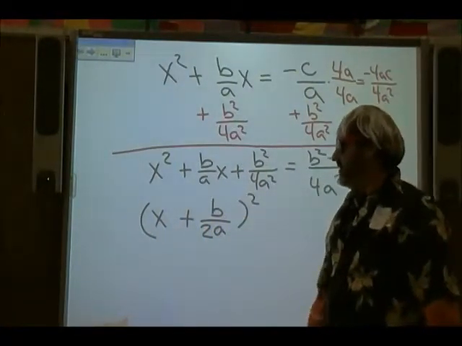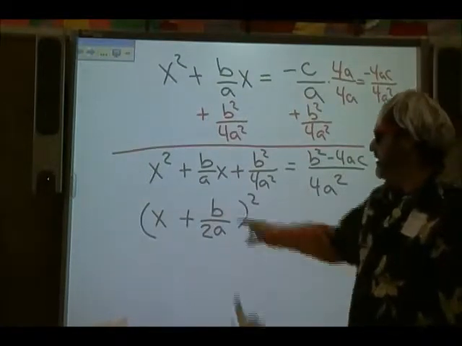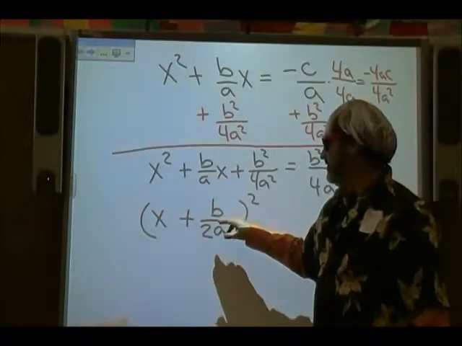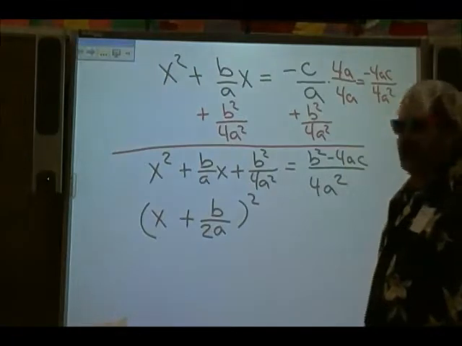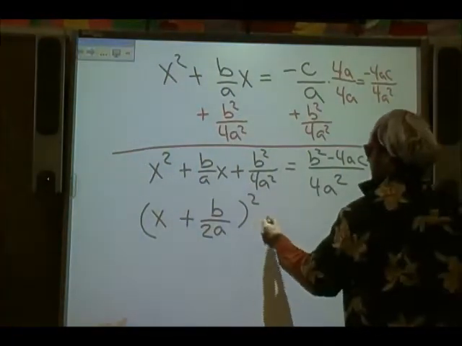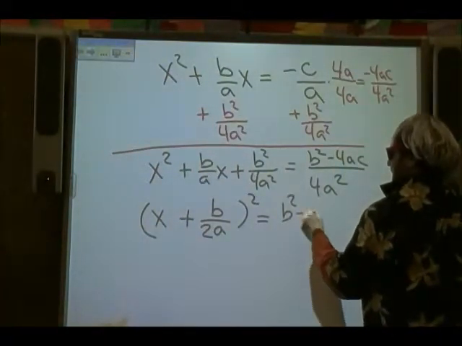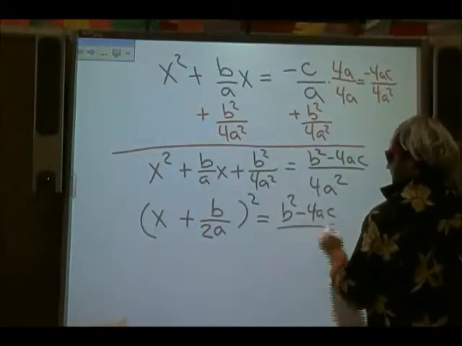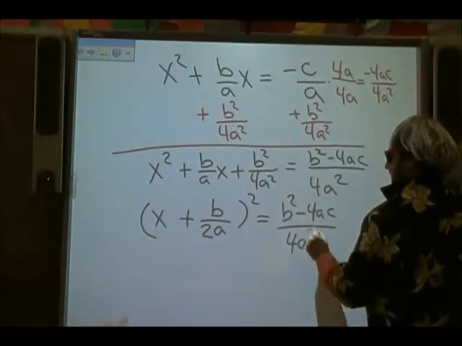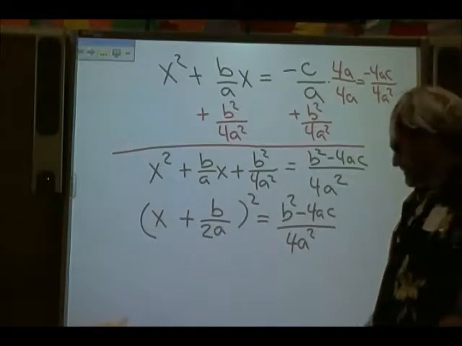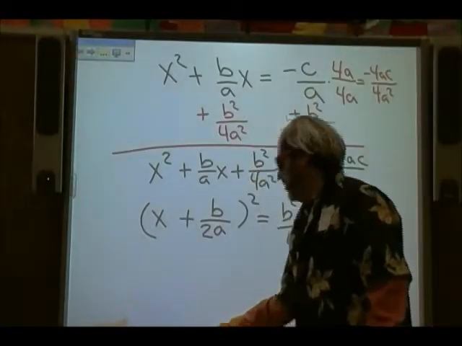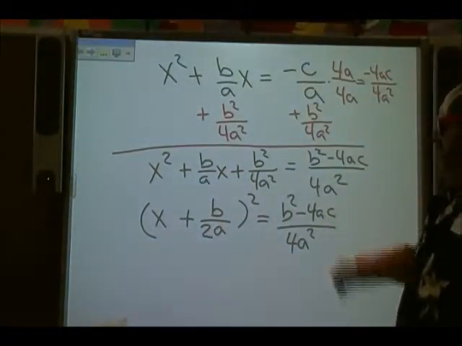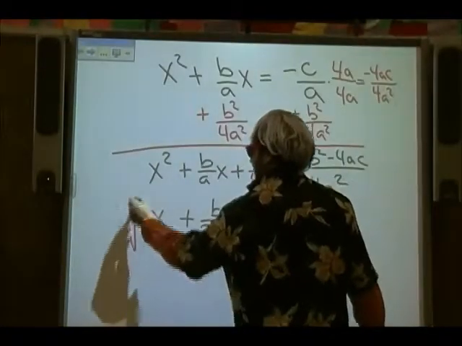Okay? b over 2a. Because when I double this, I get 2b over 2a, and that makes it b over a. And on the right side, I have this.